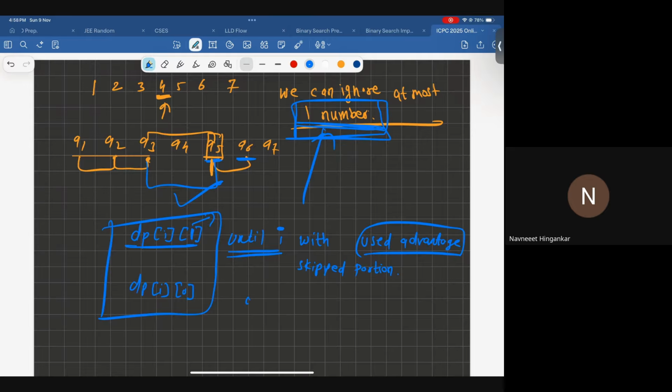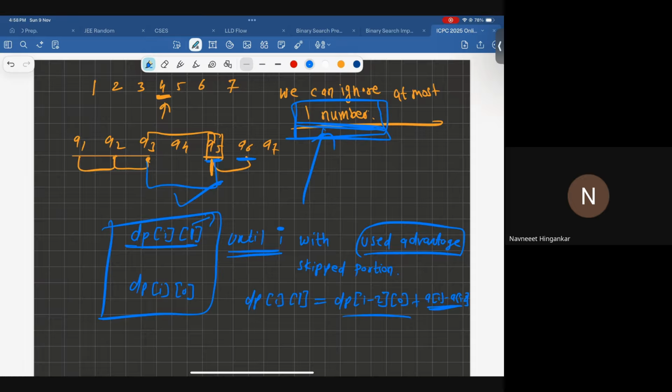So DP[i][1] is just DP[i-2][0] plus the difference, which is A[i] minus A[i-2], something like that, because we are combining it with that.